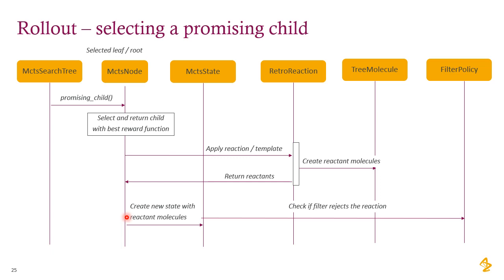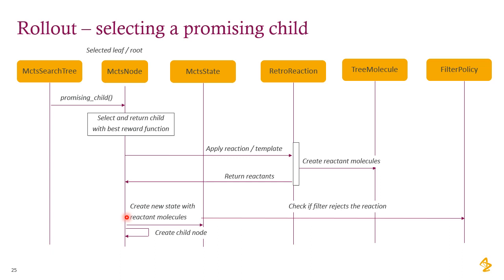So for the leaf node, it will take the current state, remove all molecules that we are not expanding on, which removes the root, the reference molecule, and then it will add all the molecules that are in the reactants list of the retro reaction.